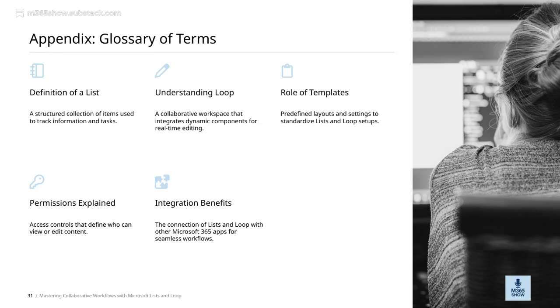And finally, a list is essentially a way to organize and track data in a structured manner. It helps us stay on top of things by providing a clear, organized view of our information. All these elements come together to streamline our workflows, making collaboration more effective and intuitive across the Microsoft 365 environment.